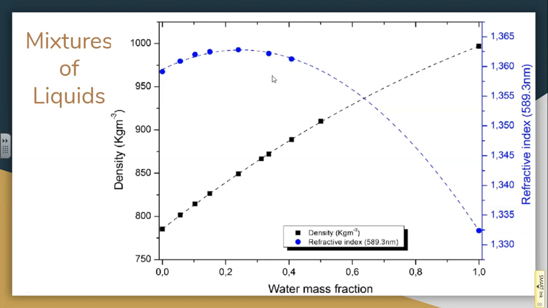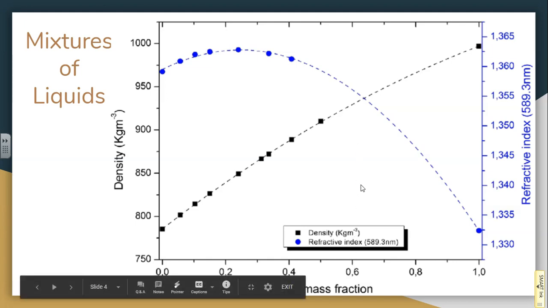In general, and I know this graph is a little bit wonky, that relationship is pretty linear with the exception of this first 20% of the mixture. So as we go down through here, we can predict pretty accurately what the percentage of the mixture would be based on the index of refraction.